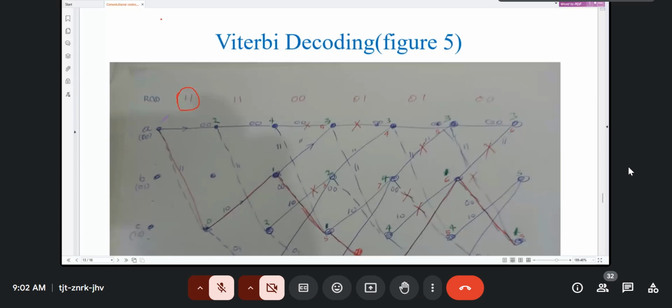So this branch is 2 because 1 1 differs from 0 0 by 2 bits. By now you know what we call that: the distance. The distance between this and this is 2, and the distance between this and this is 0. So this becomes 0 and this becomes 2. Those are the only two possibilities because we're only there.